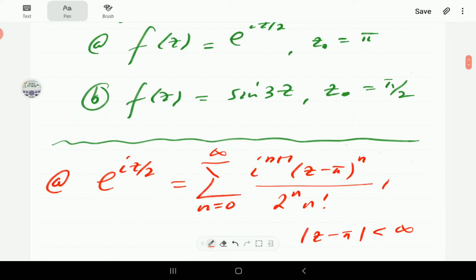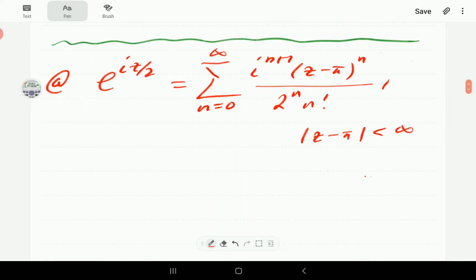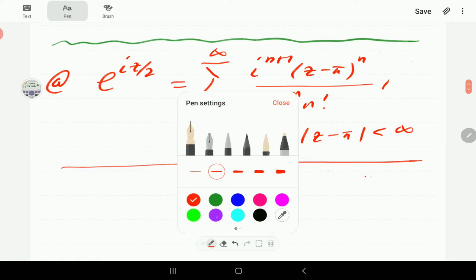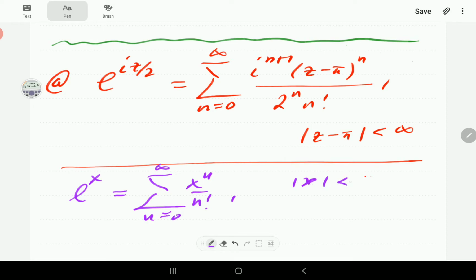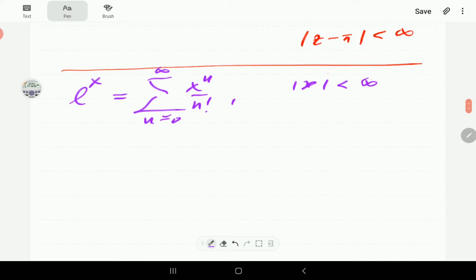So this one is an exponential, so the result for the exponential function at 0 is e to the x equal to the summation x to the power n over n factorial, and the radius of convergence for this is infinite.